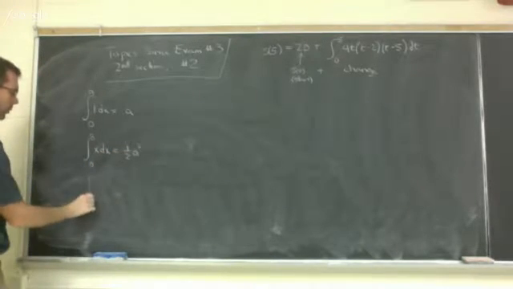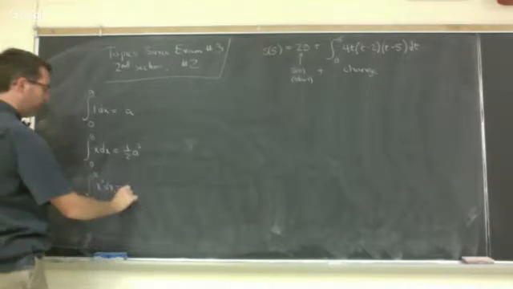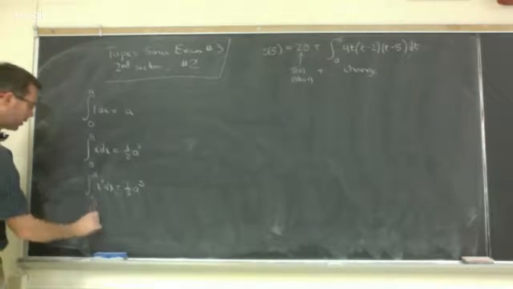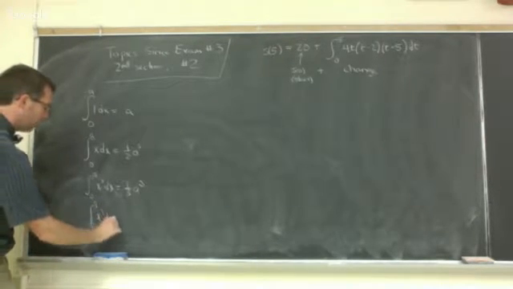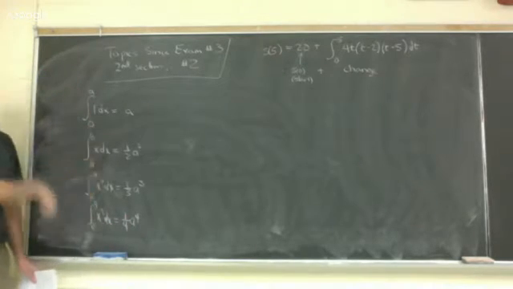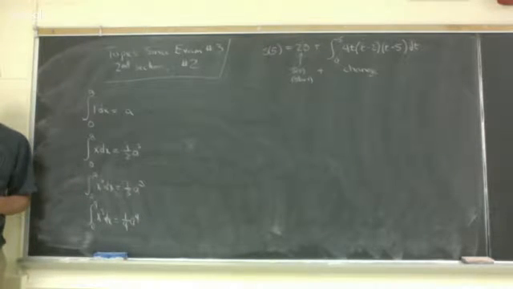The integral from 0 to a of x squared dx is 1/3 a cubed. And the integral from 0 to a of x cubed is 1/4 a to the 4th. We can use these four formulas as long as I can split the integral into those parts.